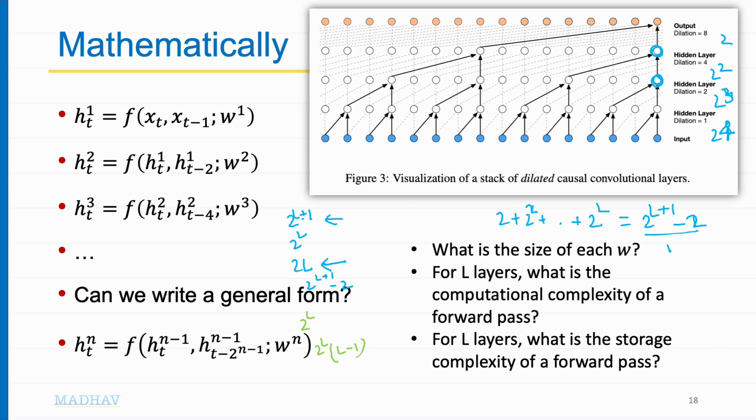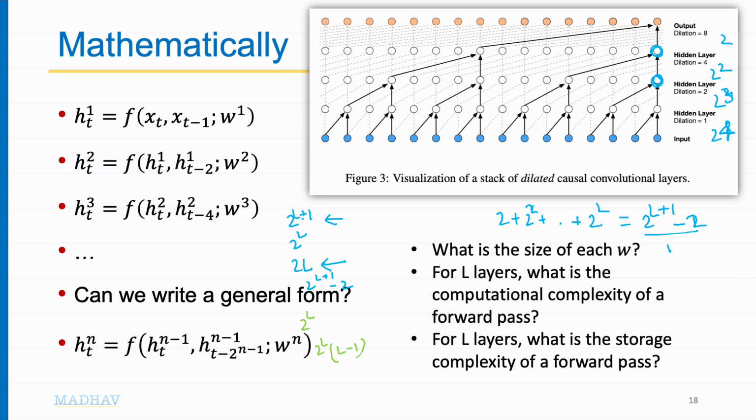Okay. What is the width of this matrix? 2 to the power L. What is the height of this matrix? L. So you have to store 2 to the power L into L numbers in this matrix, right?